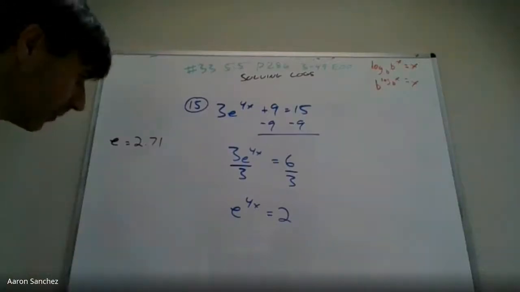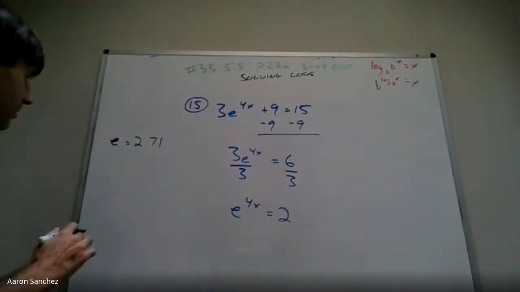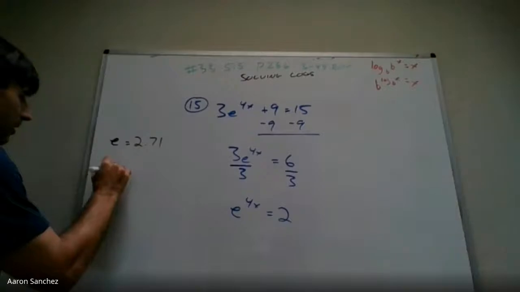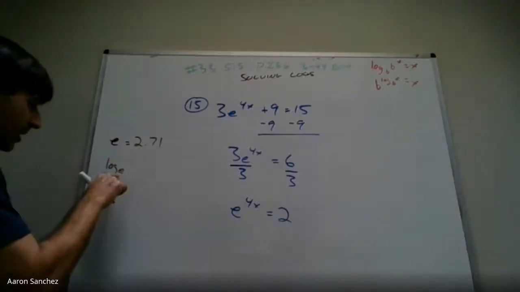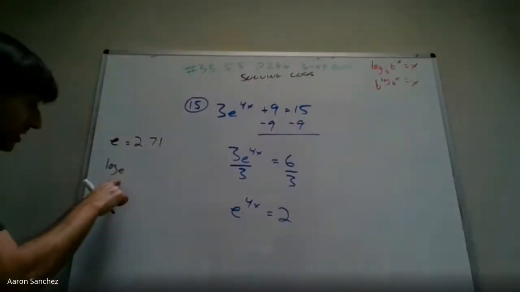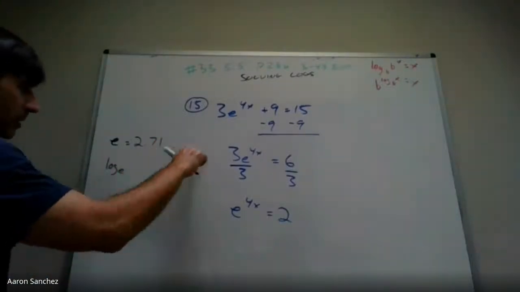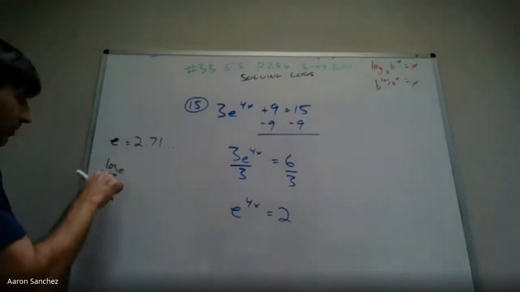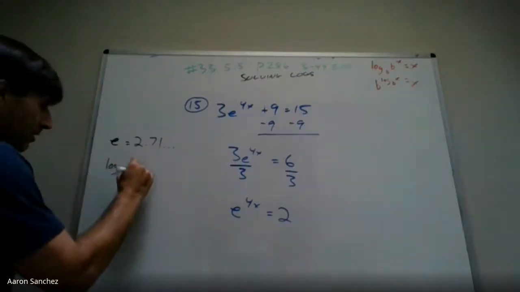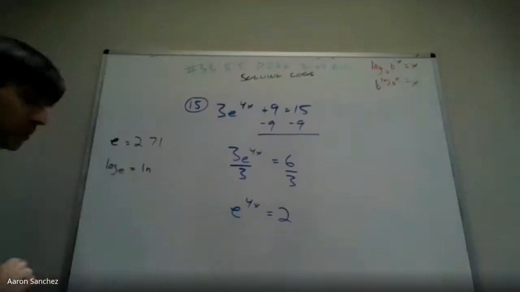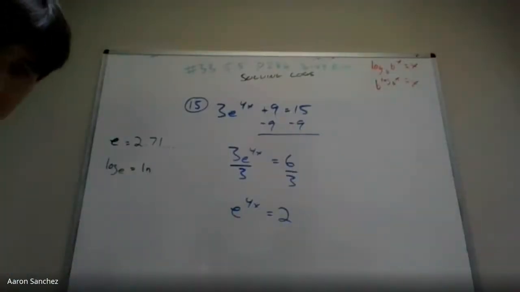The other thing you need to know is this: log with a base of e, or a base of 2.71 and it continues, it's an irrational number that goes on forever. Log with a base of e is equal to the natural log. That's all it is.